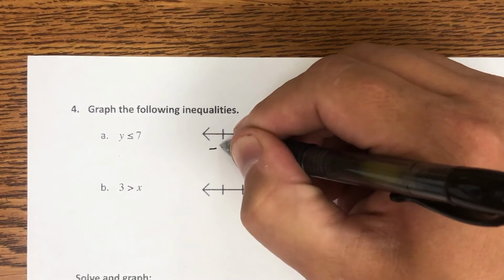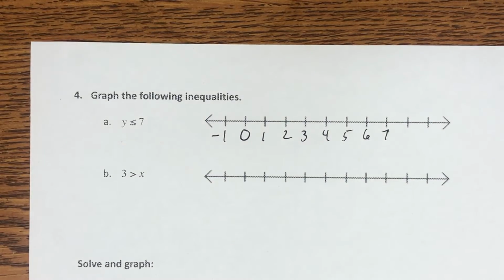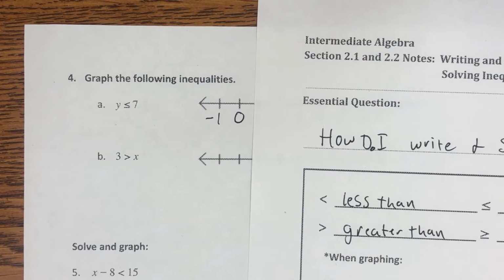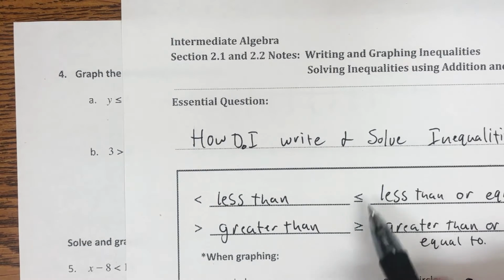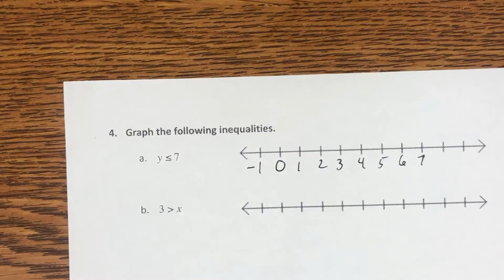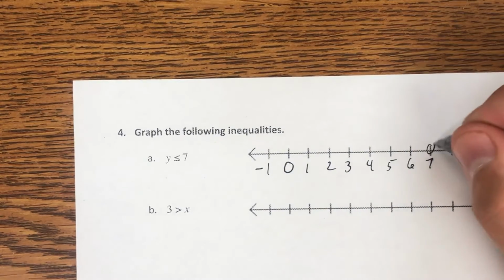This would be negative 1. Now, as we said on the very front page, when we graph, open circle if it's just less than or greater than, closed circle for less than or equal to, greater than or equal to. So we have to determine, is this an or equal to problem? And in this case, yes, indeed it is. So at 7, I'm going to put in a closed circle.